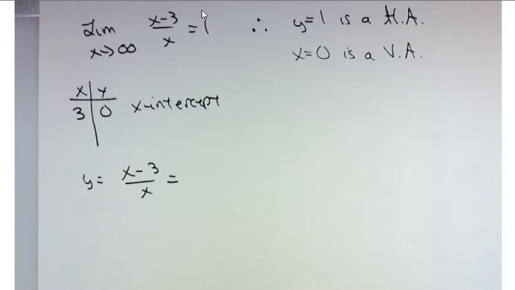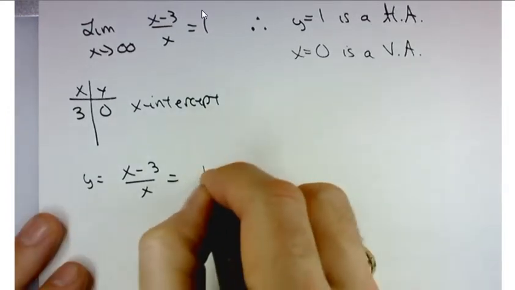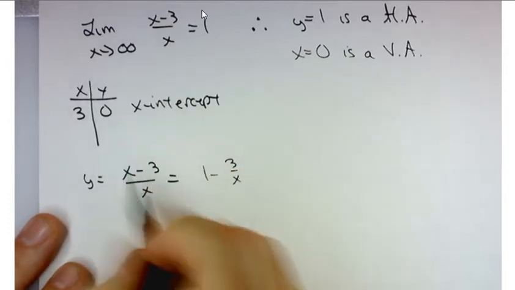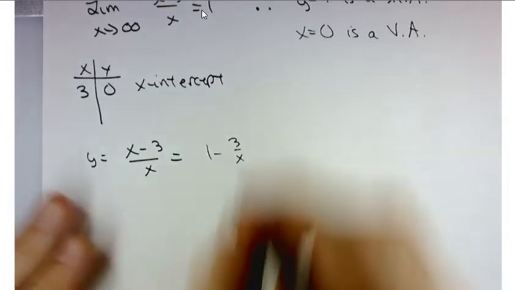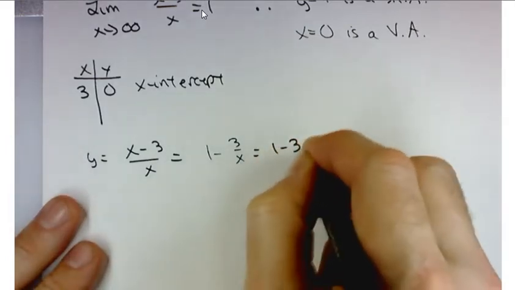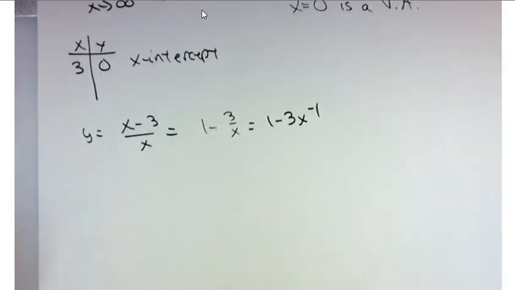Perfect. Let's rewrite this as 1 minus 3 over x. So you're dividing both terms by the term in the denominator. In fact, let's go one more. How about if we write that as 1 minus 3x to the negative first power? And then it'll be really easy to find the derivative here.